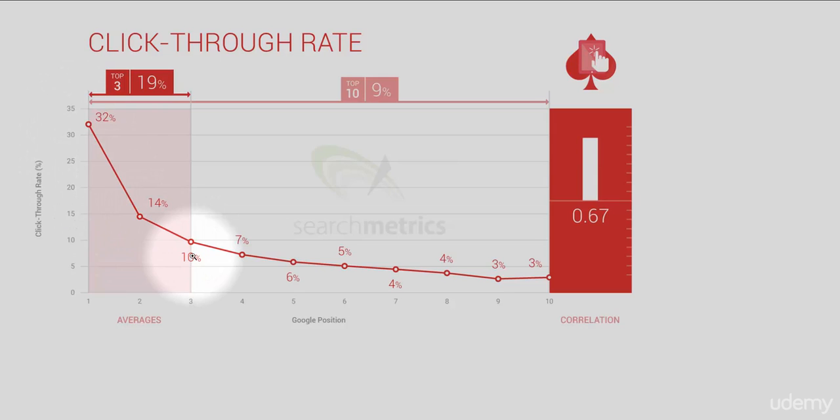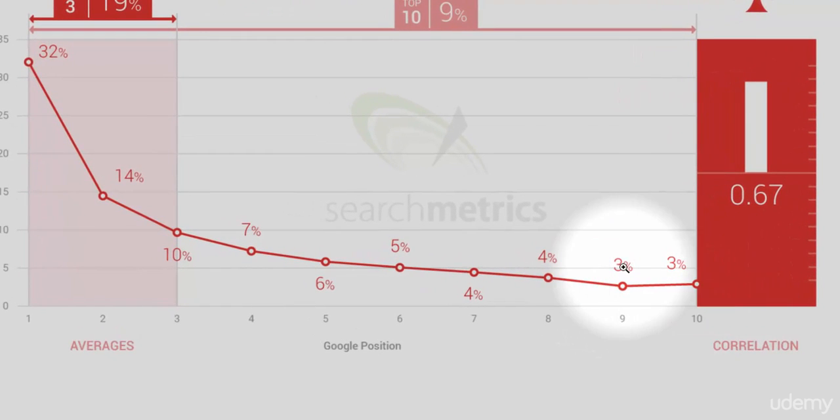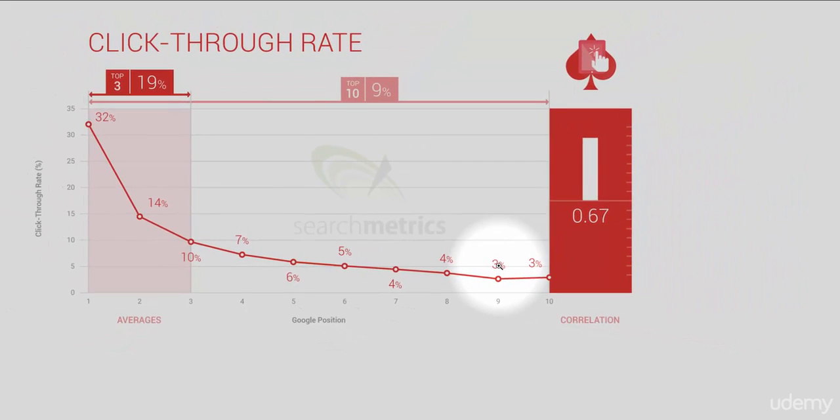Also, the CTR of the third search result is lesser than the second, and it goes on like this, right? But the CTR of the 10th search result is almost equal or slightly higher than the 9th search result. So this seems to be an exception, right? Likewise, only one third of the results show exceptions to this rule, which can also be said as 67% positive or 0.67 correlation, in other words.